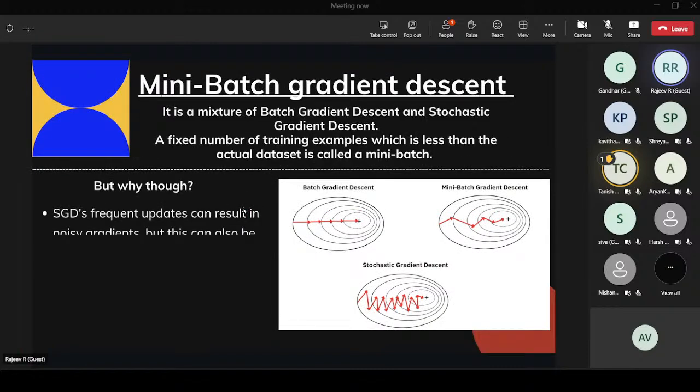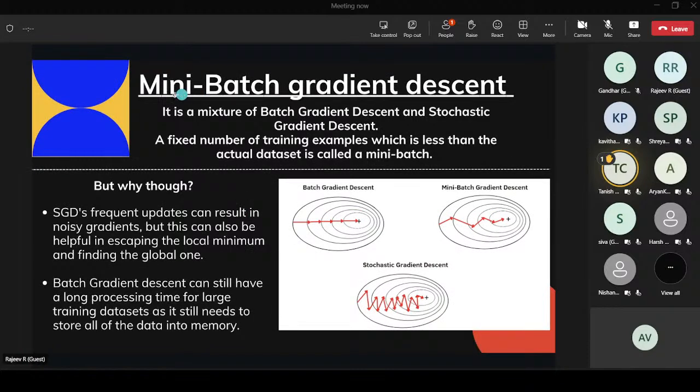So next we'll talk about mini batch gradient descent. Mini batch gradient descent basically takes the good qualities of both batch gradient descent and stochastic gradient descent. How does it do that? You don't take one sample at a time, but you also don't consider all the samples at once. So what do you do in between?